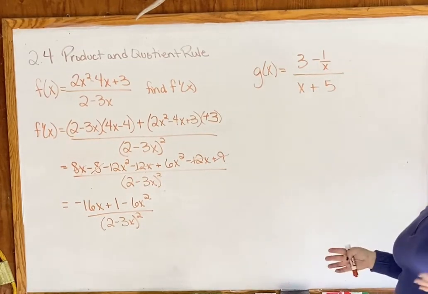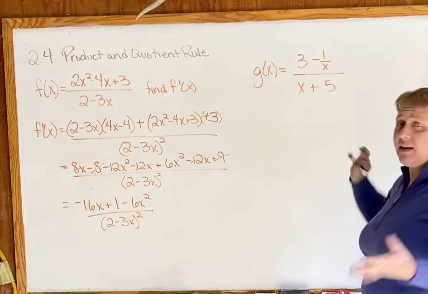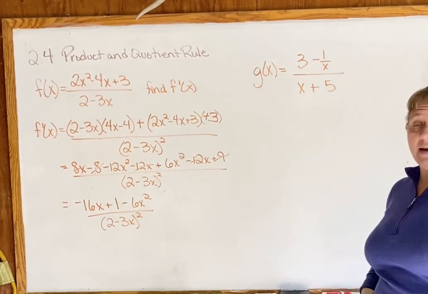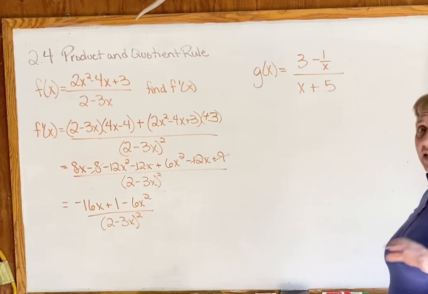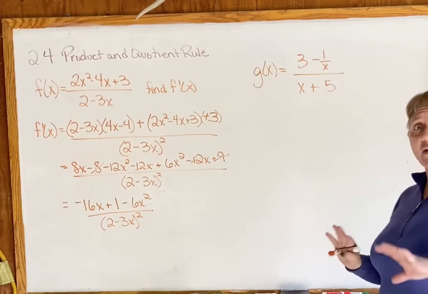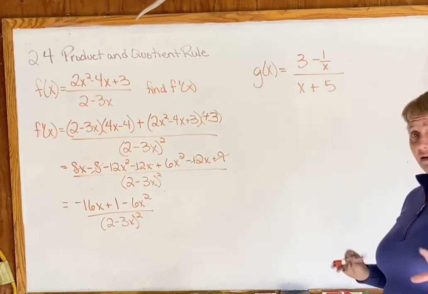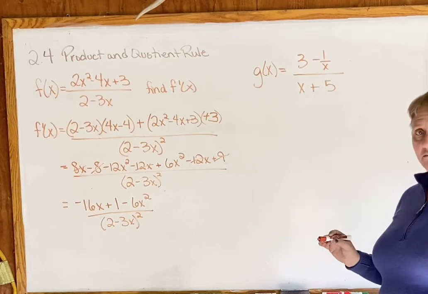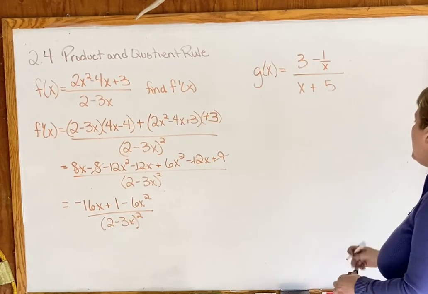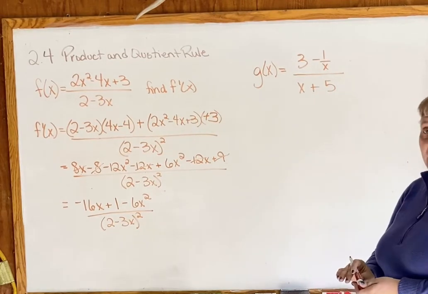Certainly you could change that to an x to the negative 1 and go through the whole problem, but there's an easier way to keep all of your exponents positive and all the numbers positive, and that makes the low d high and everything better. So the best way to go about this is a little trick.